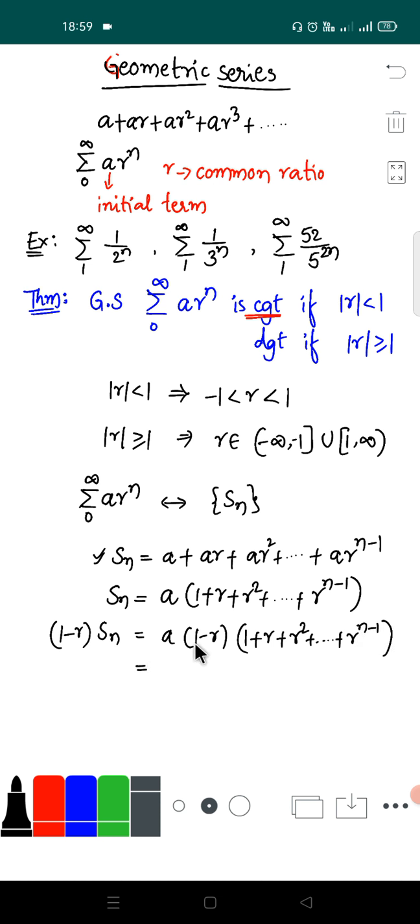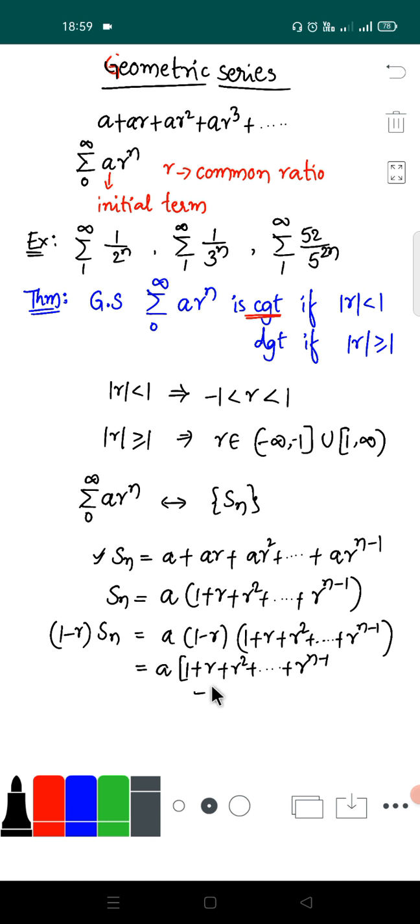Now we multiply these two factors. If 1 is multiplied with the factor, we get the same factor, 1 plus r plus r square and so on, plus r to the power of n minus 1. Now if we multiply this factor with minus r, what do we get?